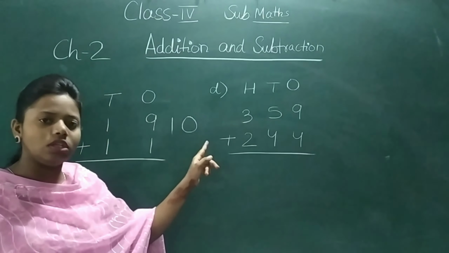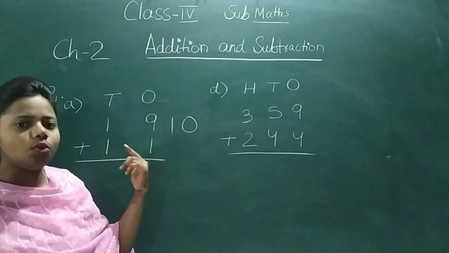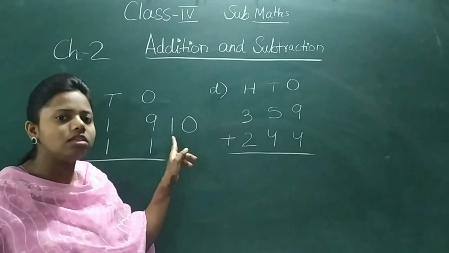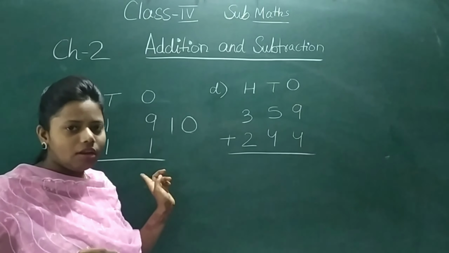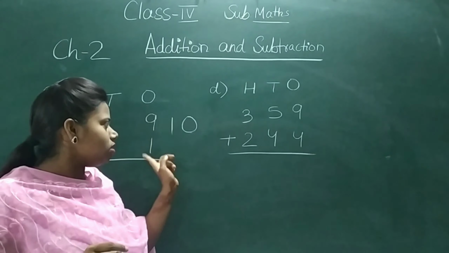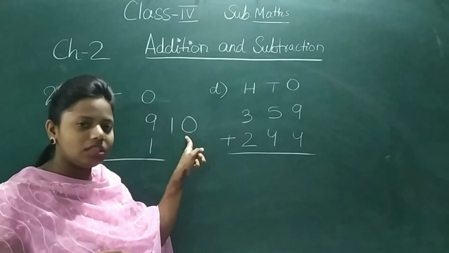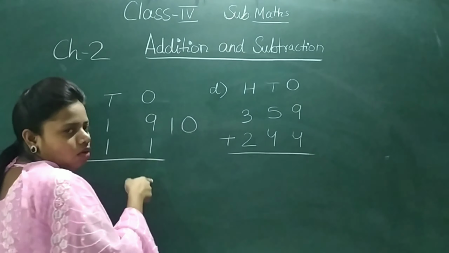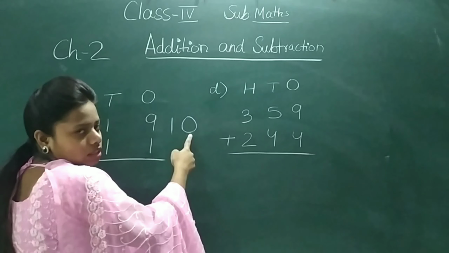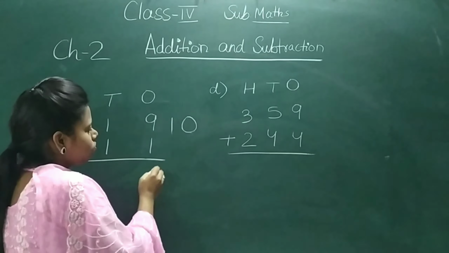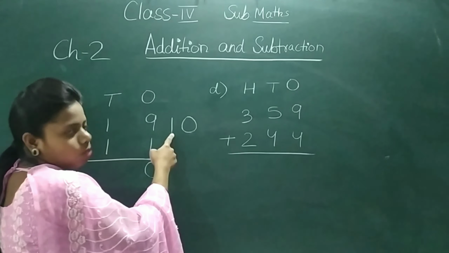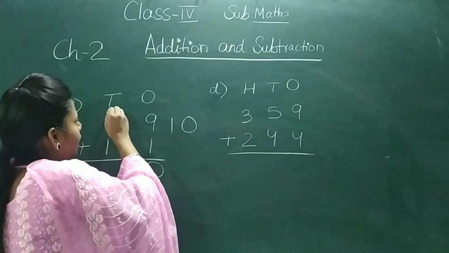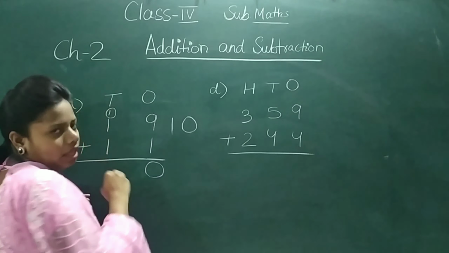And here we got a 2-digit number, so we have to carry. And what number did we get on addition? 10. By adding 9 plus 1, we got 10. I have written this separately to make you understand. So what will go down and what will be carried? This 0, which is in the ones place, we write down, and this 1, which is in the tens place, we carry.